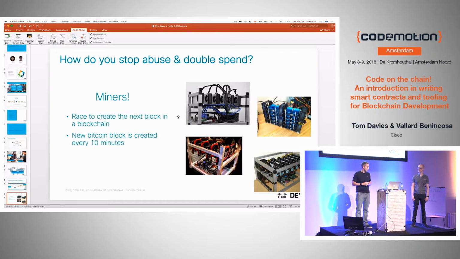One of the things about mining is that with Bitcoin and some of these other currencies, there's only one clear winner. And so expending a lot of hashing power to try to create the block is sometimes a futile effort. Because of that, a lot of these people will join a mining pool.